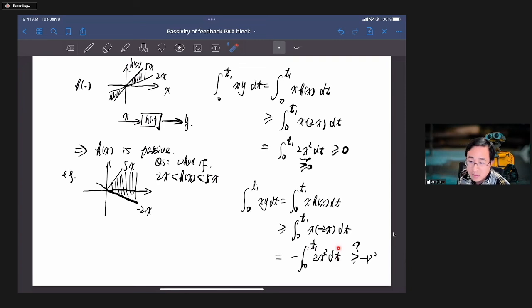And there's no way that we can lower bound this by some term that depends only on the initial condition. So in other words, this is not guaranteed to be passive. Only sector nonlinearities that look like this, where the sector is in this positive region, are passive.